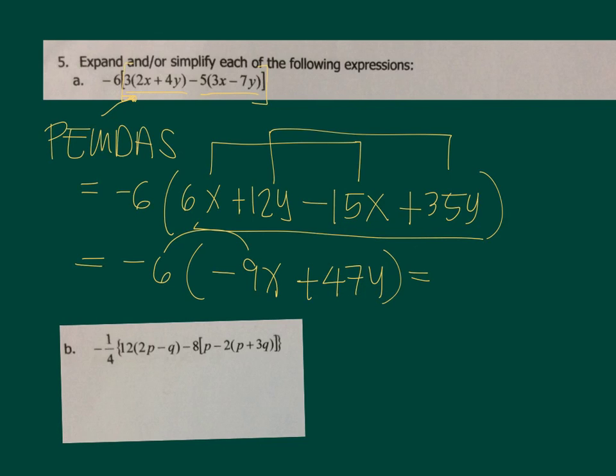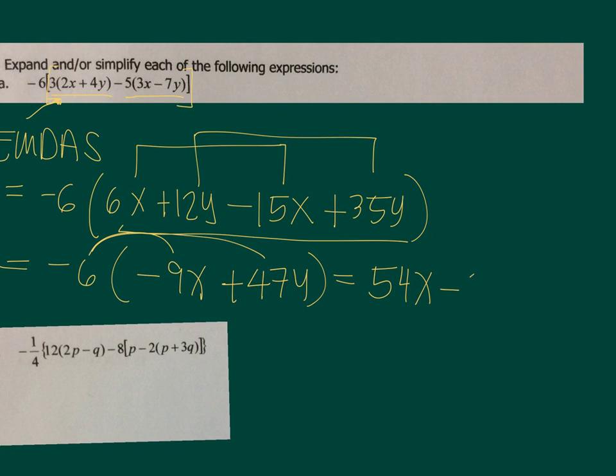So negative 6 times negative 9x is positive 54x. And then negative 6 times 47y is equal to negative 282y. Okay, so that's the simplest form of the expression. Okay, let's go to letter B.